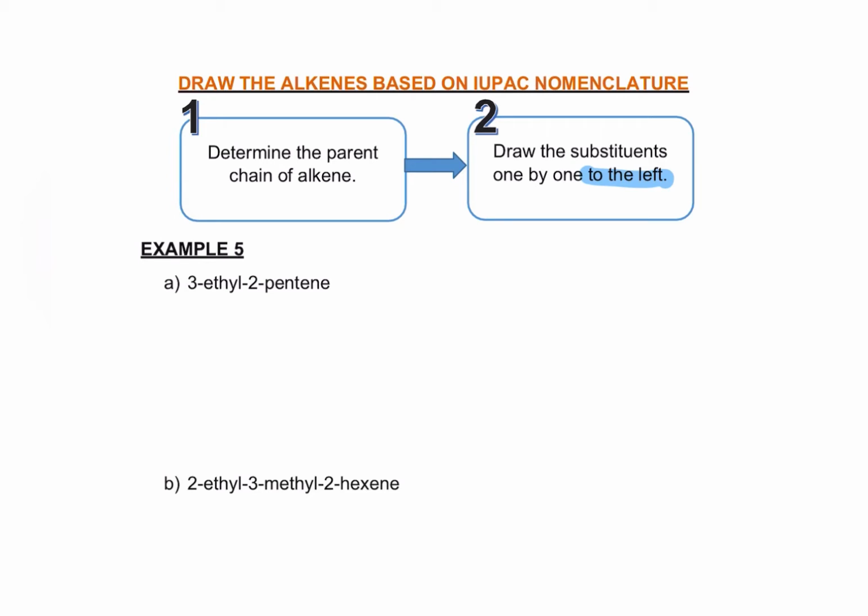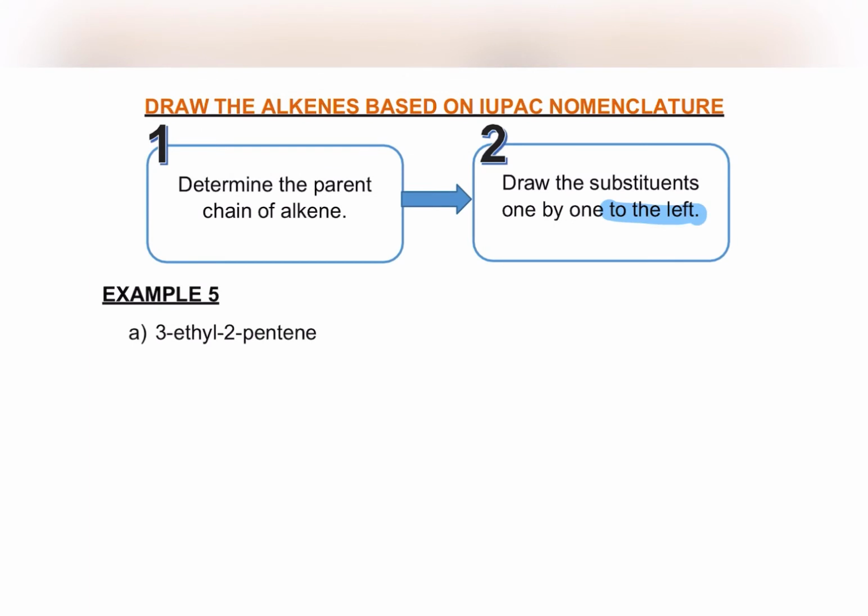For example 5 from A to F. So let's try A first. For A, we got the parent will be pentene. But don't forget to include 2 here as well, because 2 here indicates the position of double bond. So I'm going to highlight this one as my parent. What's next?